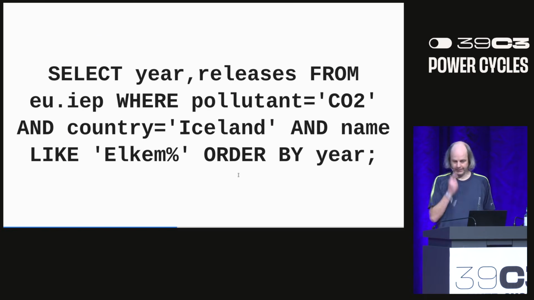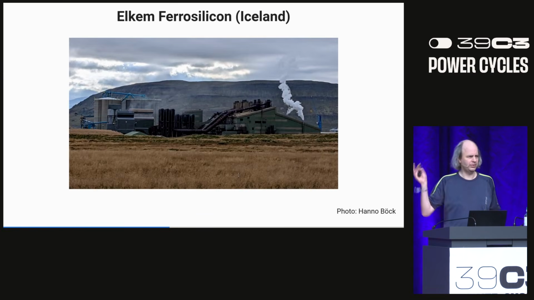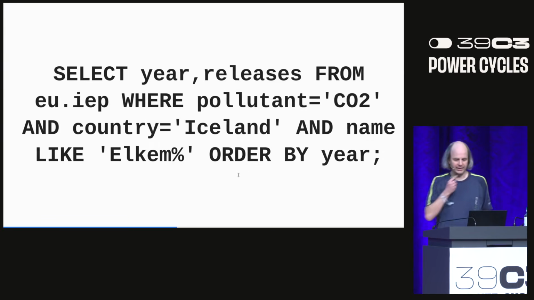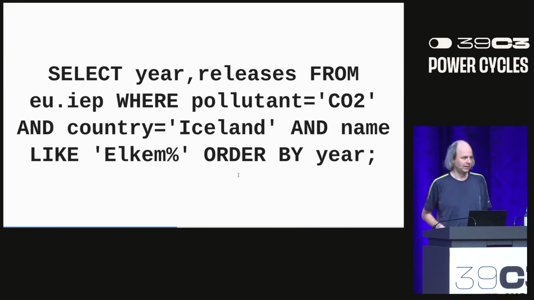Okay, so I already had my SQL table, and at some point I was researching a story about Iceland where I wanted to know what the CO2 emission sources in Iceland are. I already had my database, so I looked them up, and this is how you would do that with raw SQL.